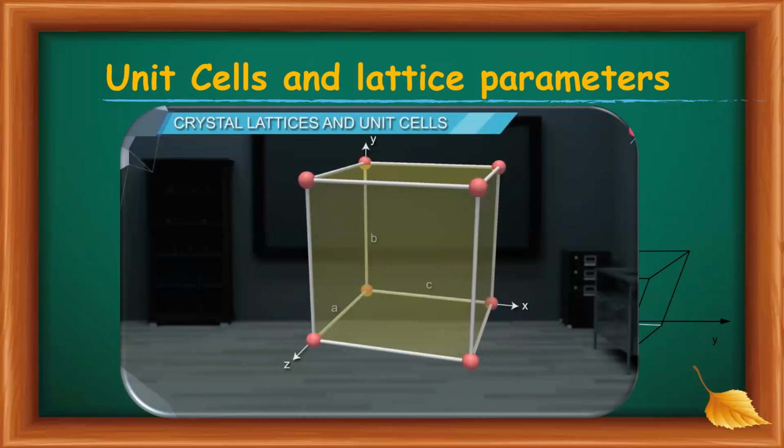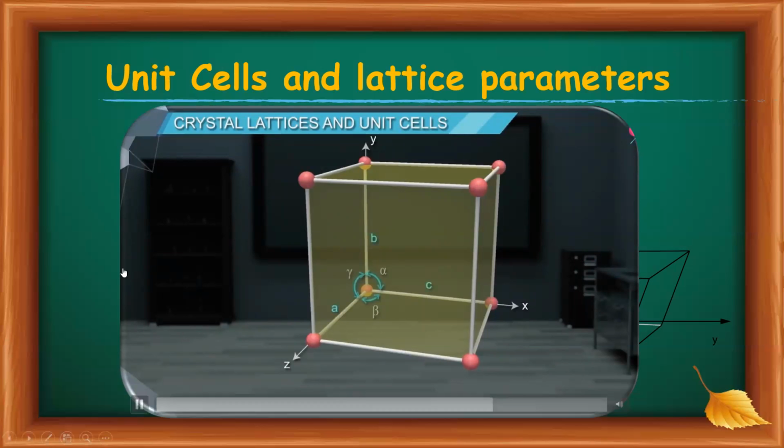In this unit cell, the angle between the edges b and c is alpha. The angle between edges a and c is beta, and the angle between edges a and b is gamma. Overall, a unit cell is characterized by 6 parameters, that is a, b, c, which are edge lengths, and alpha, beta, and gamma, which are interfacial angles.